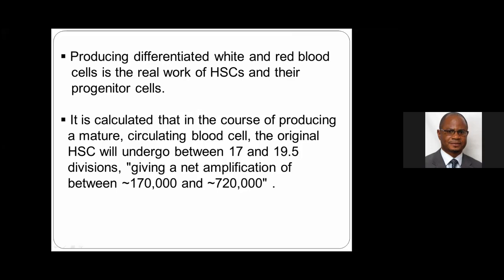By the time it goes through 17 to 19.5 divisions, one particular cell will give us 170,000 to 720,000 cells. That is how many cells you can get from one stem cell, which by itself also remains. So it develops into this number of cells, but the stem cell still remains.